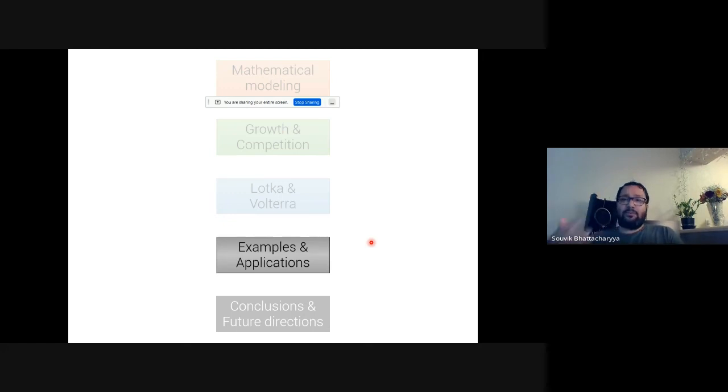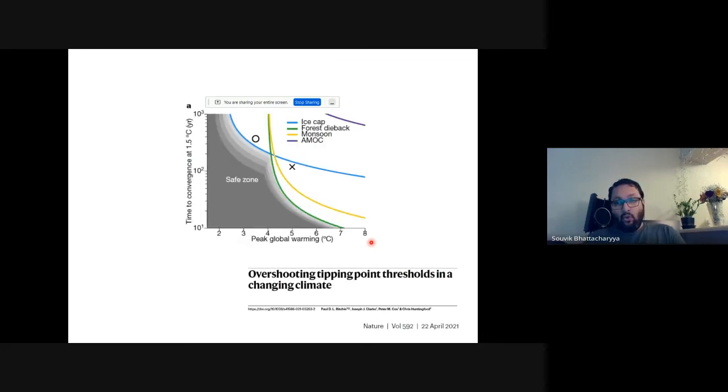I'll quickly summarize the extreme examples where Lotka-Volterra has been used. So one example is using the same predator-prey model. Now the predator-prey becomes anything. It can be two inanimate objects, and you can still apply the Lotka-Volterra model.